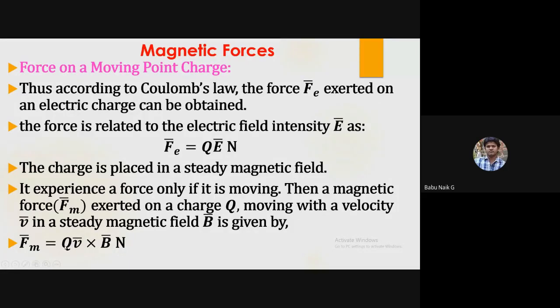The charge moves in a conductor with some velocity and creates a magnetic field around it. The cross product between the velocity of the charge and the magnetic field gives the magnetic force.